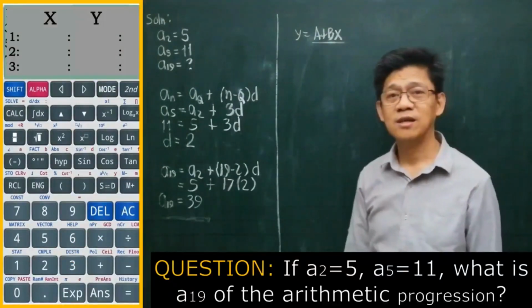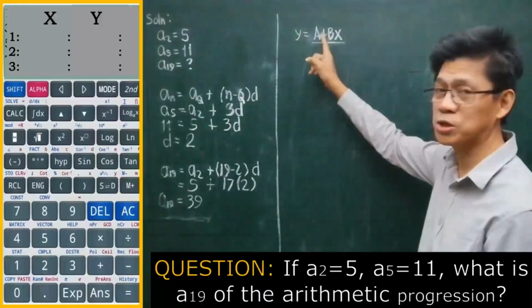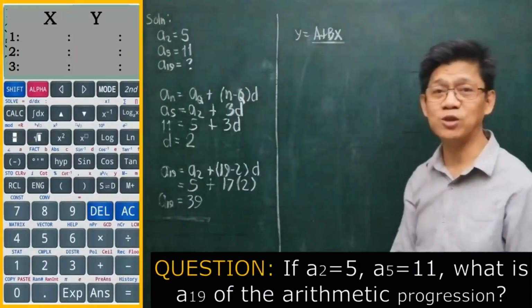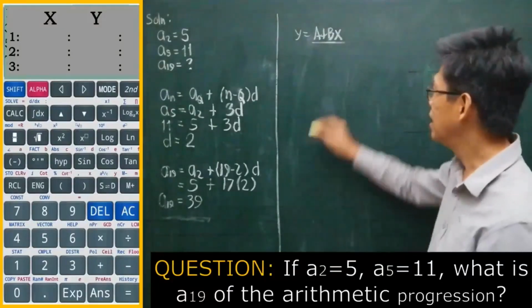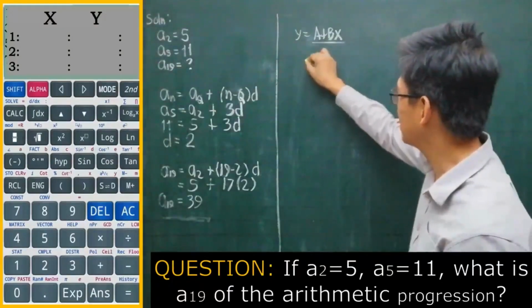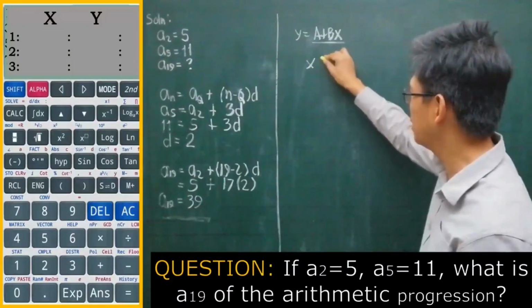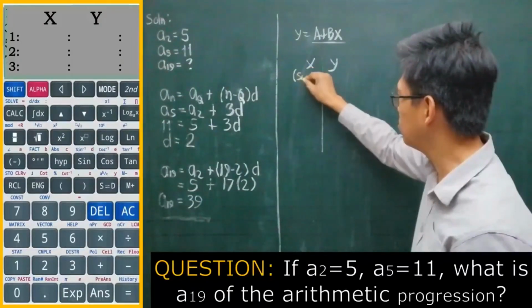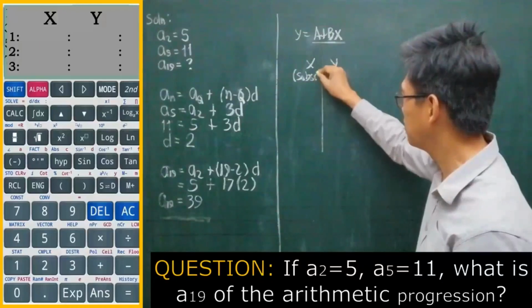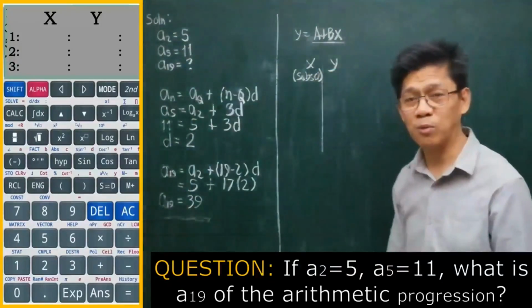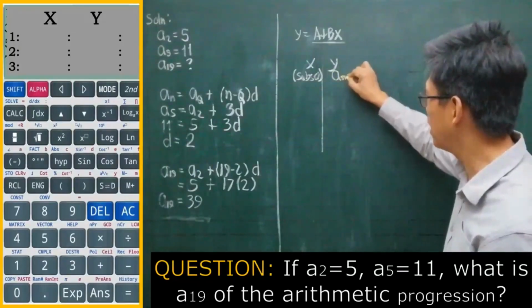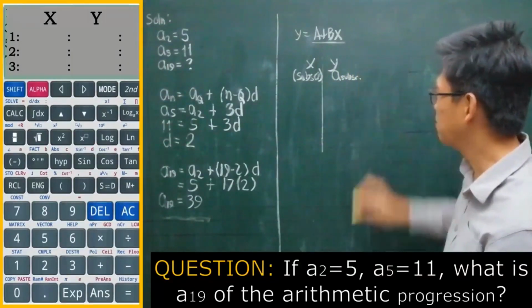You get it? So, pag-press mo ng corresponding key para sa a plus bx, lalabas yung matrix of x and your y. Yung x mo, ito yung gagamitin mong subscript. Yung y mo will represent the a term with a subscript.